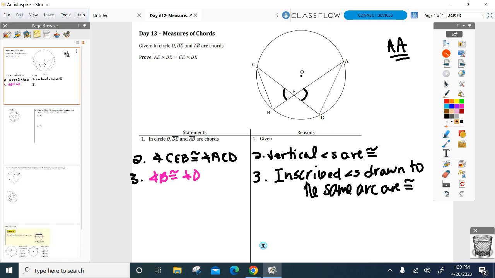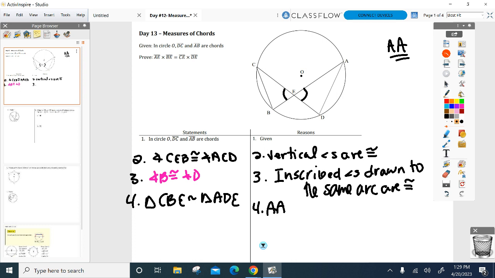Now I have angle, angle. So go ahead, write the two triangles are similar. Make sure you use the tilde, not the congruent symbol. CBE is similar to ADE.